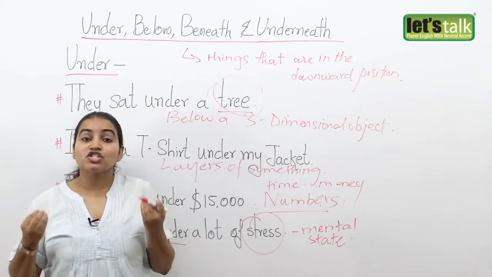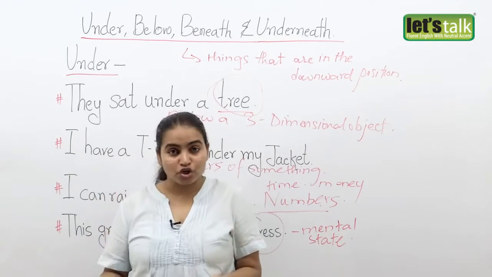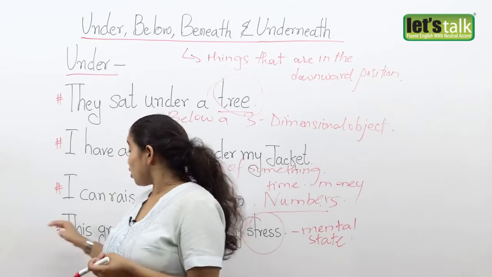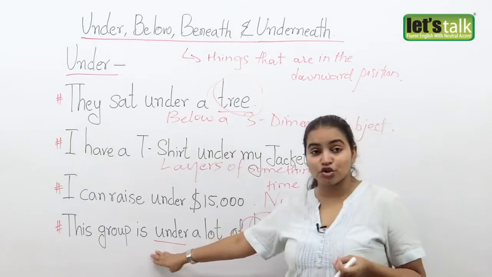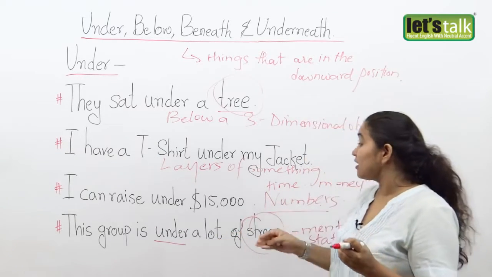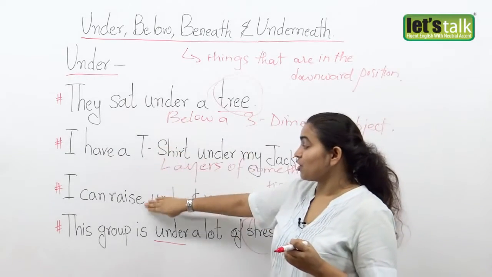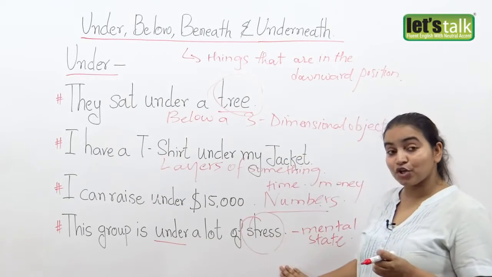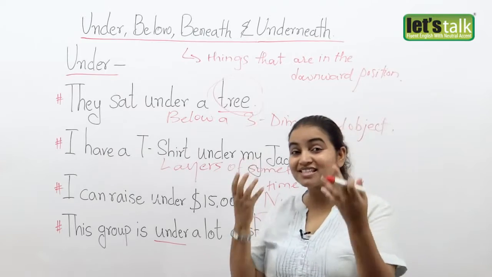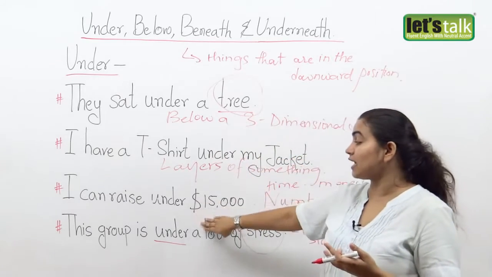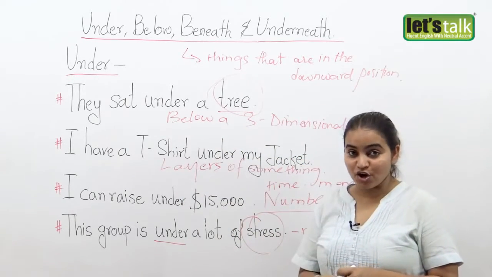I can say that I was under a lot of pressure. So we're talking about a mental state, and that is when I use the word under. Please notice that, unlike these, the under used here is talking about a mental state, and not a physical state like these three sentences are.